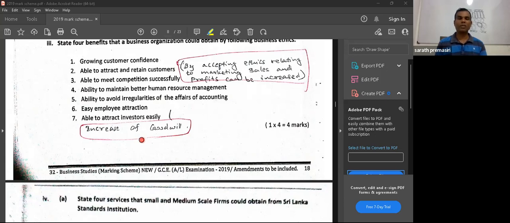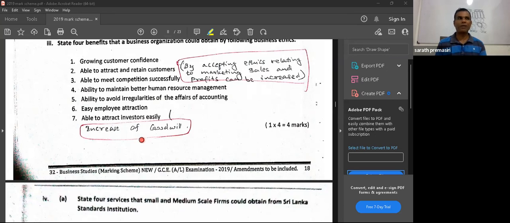Even this discussion on the standards institution is also related to first term. You see Sri Lanka Standards Institution, SLSI, and then Consumer Affairs Authority, Industrial Development Board.